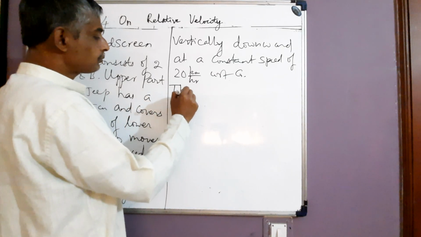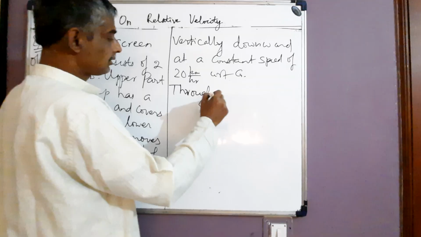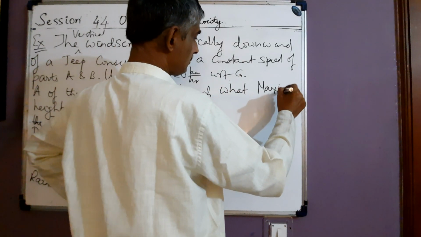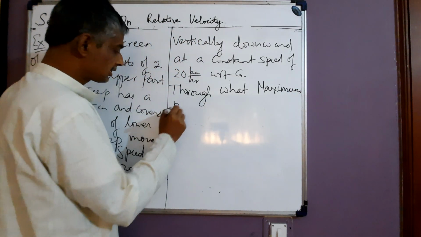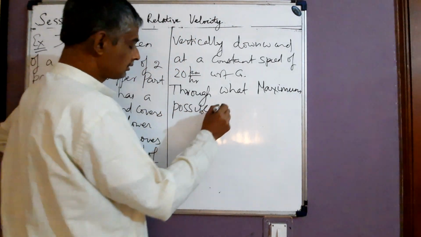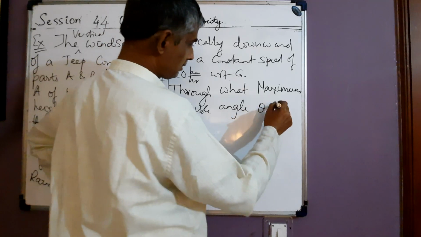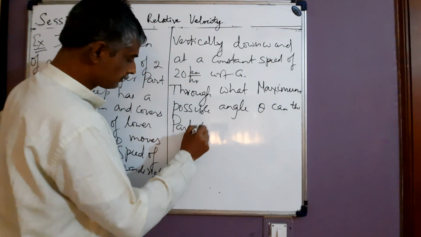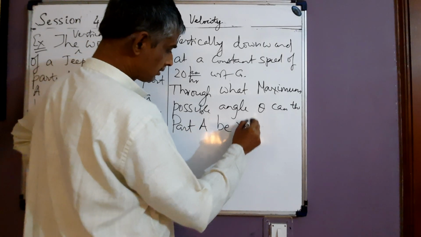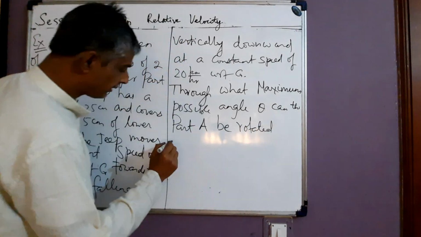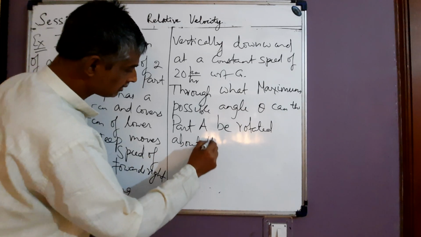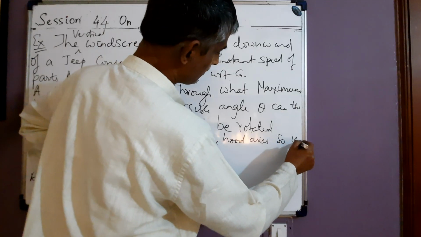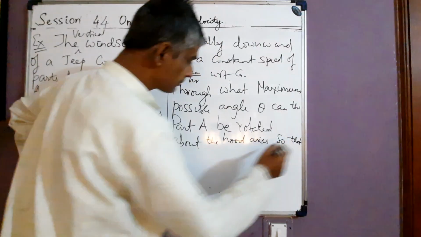Question is, through what maximum possible angle theta can the part A be rotated about the hood axis so that raindrops do not enter the Jeep.